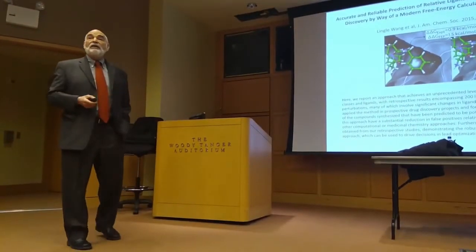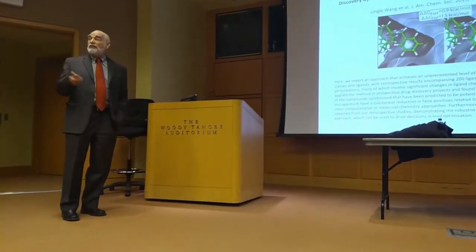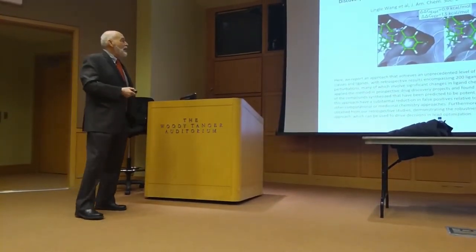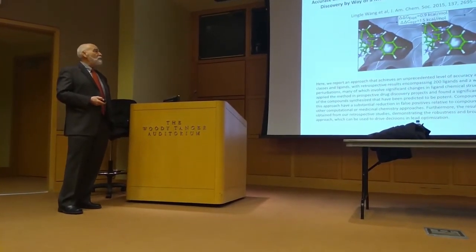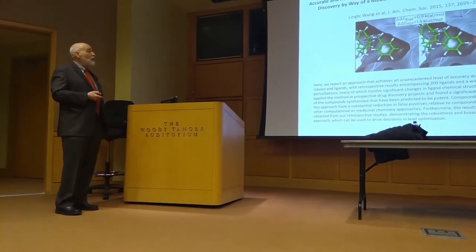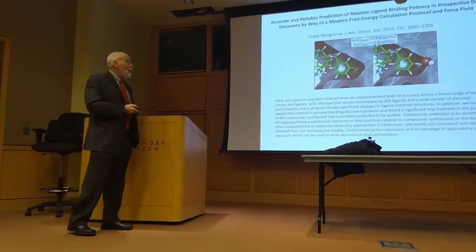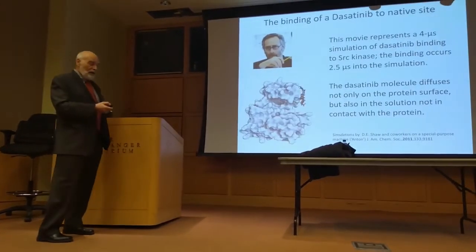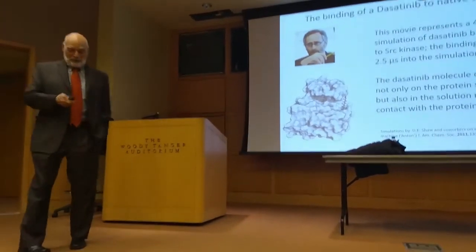Something I never did. I could never handle libraries, but Schrodinger people do this all the time. So he developed this very clever scheme, which is called FEP REST, and it looks like it's been very successful. And so we did a lot of work on that, and I'm not going to talk about it.